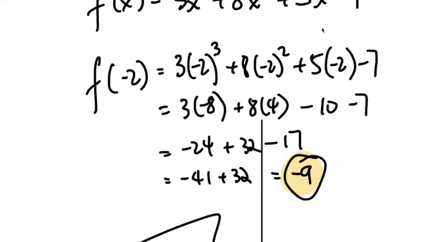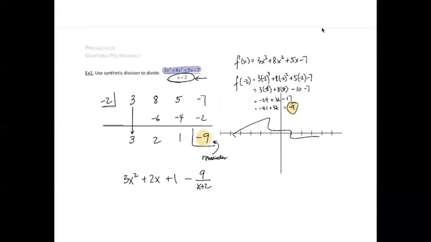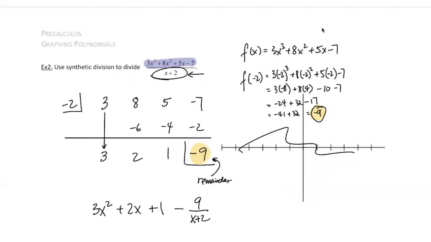And you can see how lengthy, tedious, big-numbered and error-prone the whole process is. It's just not pretty at all. But if you do synthetic division or synthetic substitution, you don't have to deal with any of the big numbers. And you can get the y value straight away. Isn't that wonderful? I think that's wonderful.